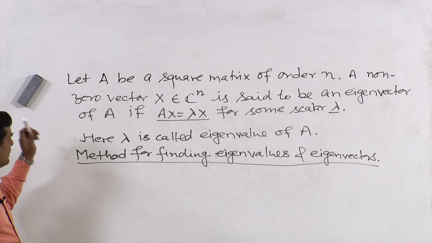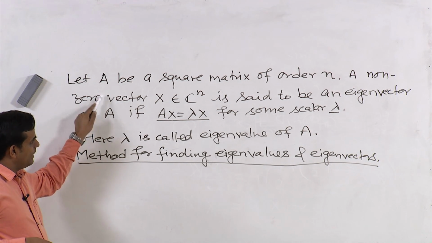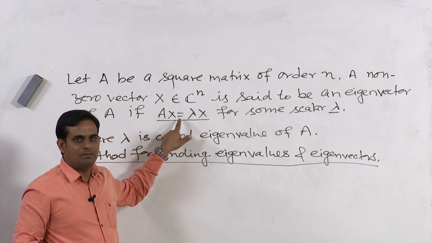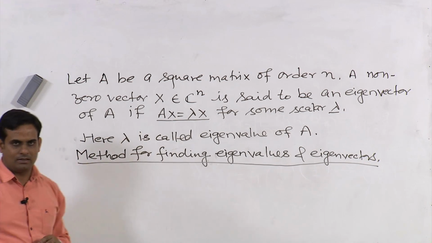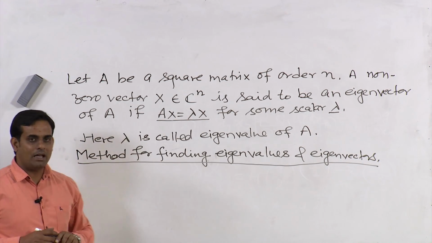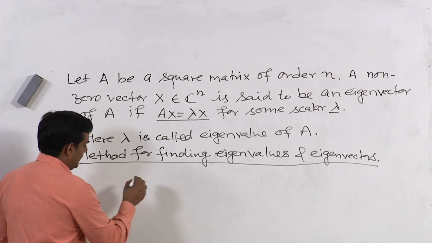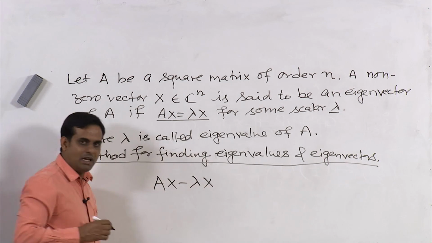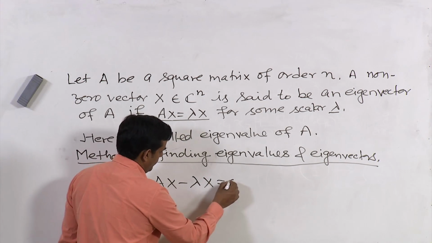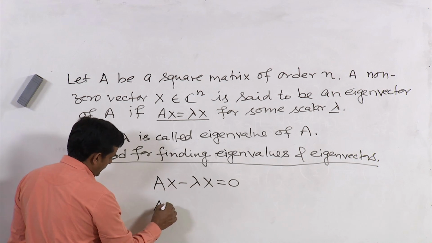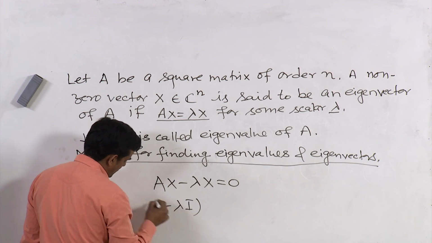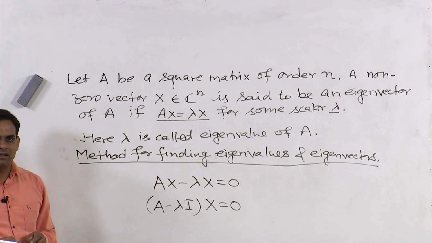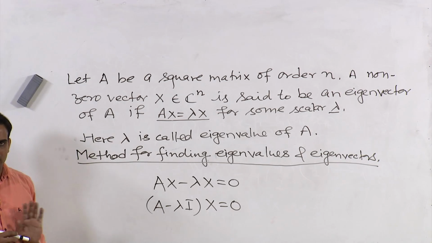Here I am saying that x is a non-zero vector and it is said to be an eigenvector of A if Ax equals lambda x. So, Ax equals lambda x can be written as Ax minus lambda x equals 0, or (A minus lambda I) x equals 0, where I is the identity matrix of the same order as A.